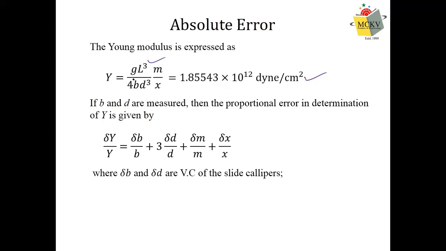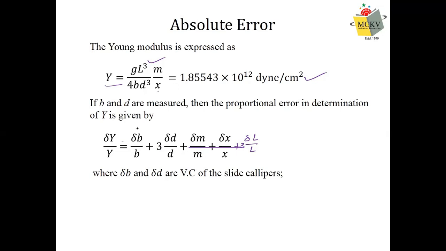If we take the partial differentiation of this equation and consider that errors are always additive, then delta Y by Y comes out to be 3 delta L by L, minus 4 delta b by b, minus 3 delta d by d, plus delta m by m, minus delta x by x. That is what the mathematics tells us.